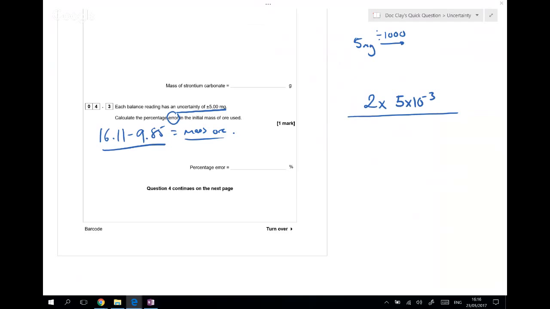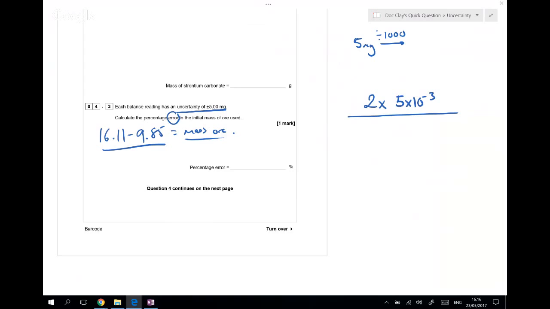minus 9.85. And if we put that into our calculator, we should find we get a value of hopefully 6. I'm going to check that actually. 16.11 minus 9.85.